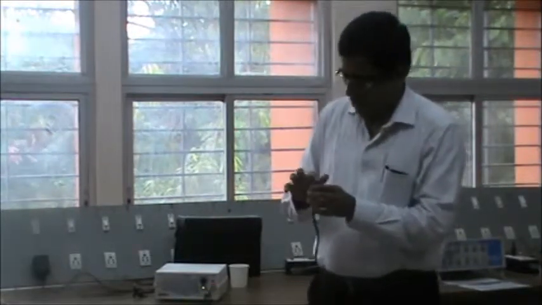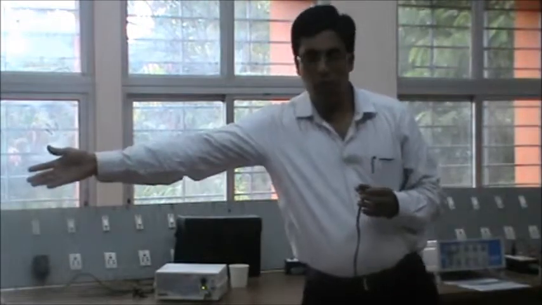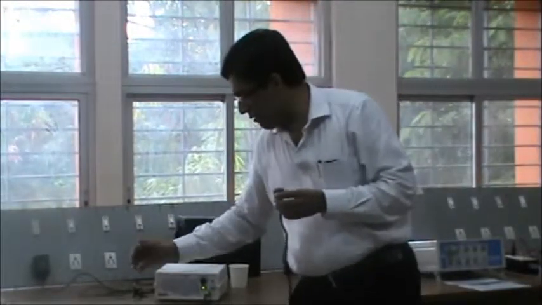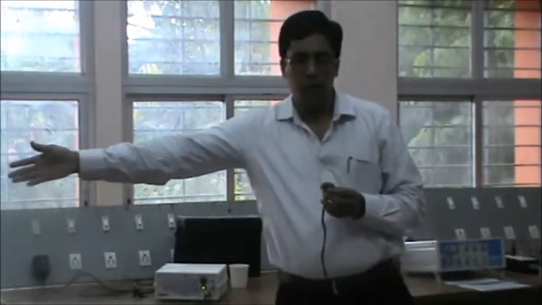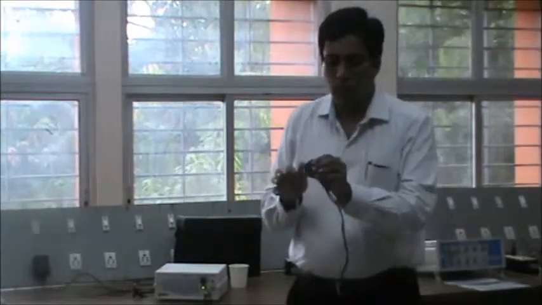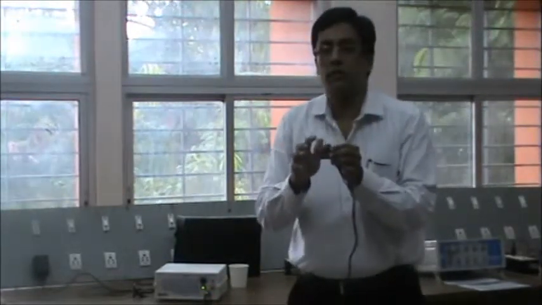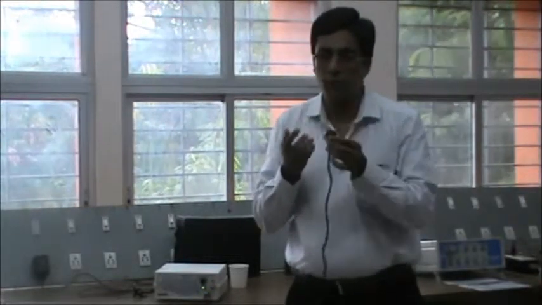We also have an output which can be monitored on an oscilloscope. I don't have the cable right now, but this Doppler information can also be viewed on an oscilloscope. Now, we say that this does not pick up the sound information, otherwise it should have picked up what I am speaking.